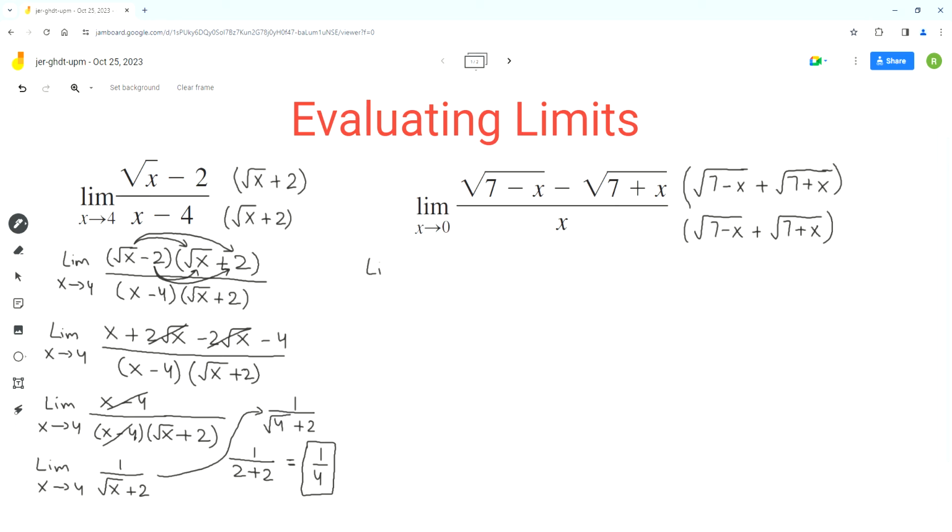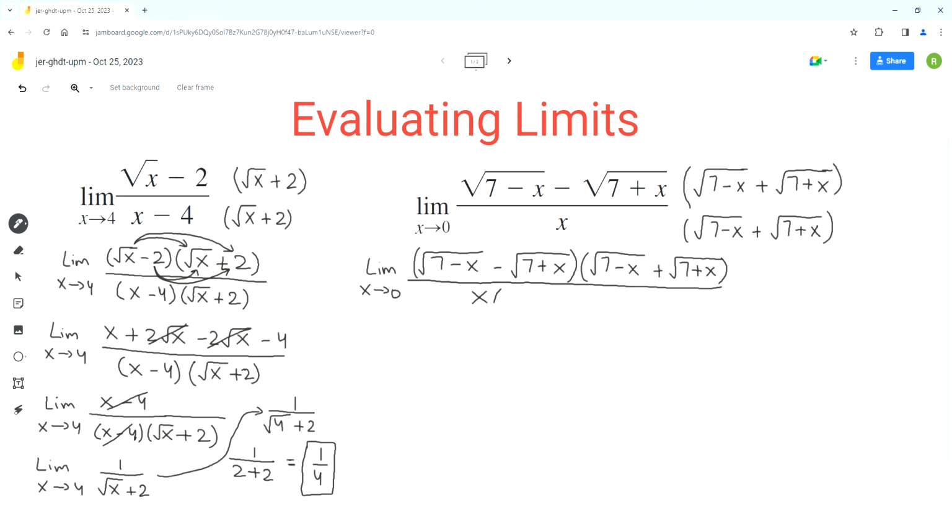So we get limit x approaches 0 of square root of 7 minus x minus square root of 7 plus x, in parentheses, times square root of 7 minus x plus square root of 7 plus x, over x times square root of 7 minus x plus square root of 7 plus x, and we close the parentheses.